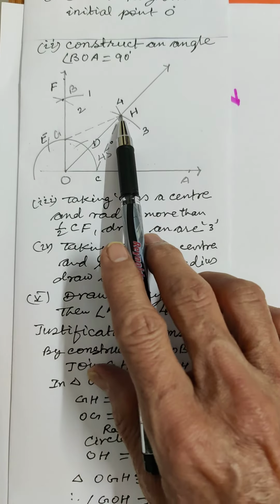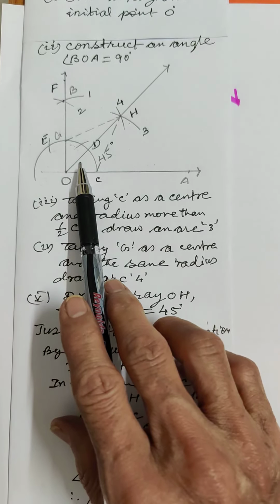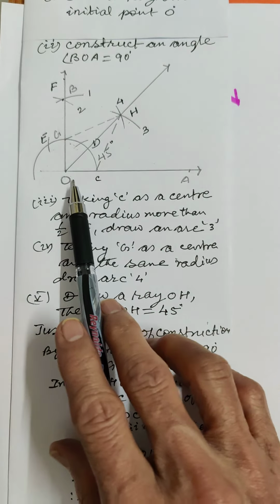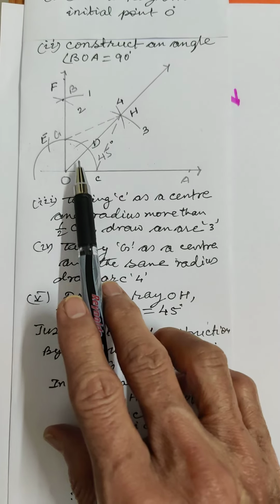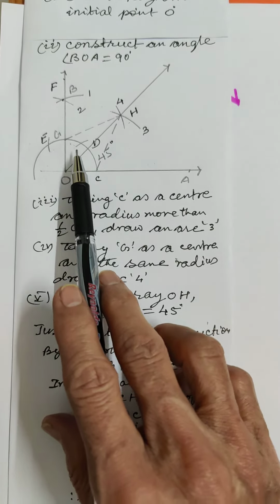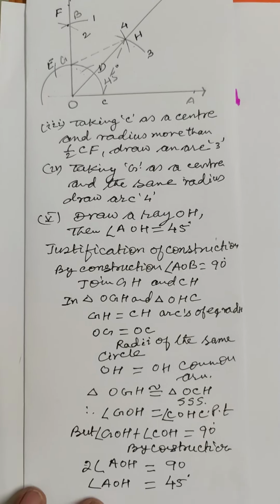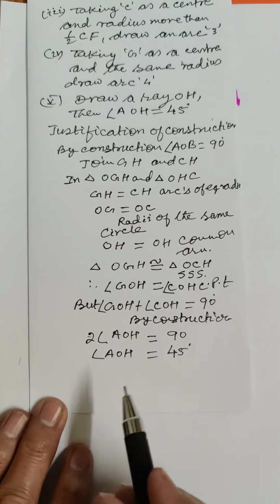This angle plus this angle is equal to 90 degree, and these two angles are equal. Since these two triangles are congruent, this side is equal to this side, and this side is common. So when these two angles are congruent, the sum of these two angles is 90 degree, which means each is 45 degree. So it is the justification of our construction. Hence our construction is justified.